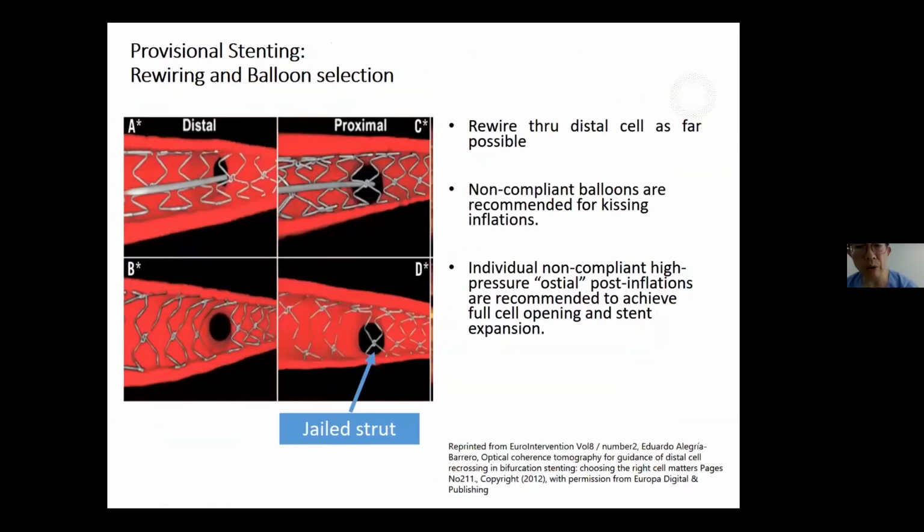So this is an OCT or OFDI image. If the recross guide wire crosses at the distal side, after KBI there is good balloon opening and there is no jailed strut. However, if the recross guide wire crosses the proximal side, then after KBI a jailed strut is here. It's very clear in the image.